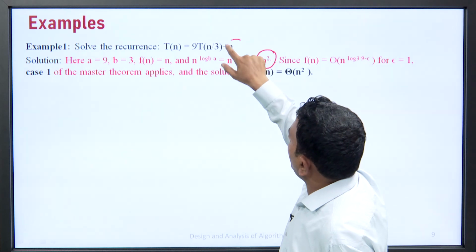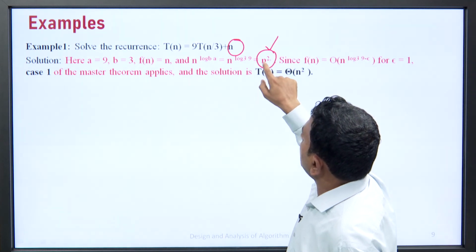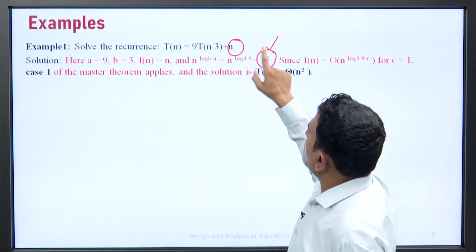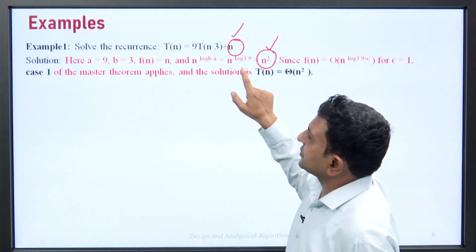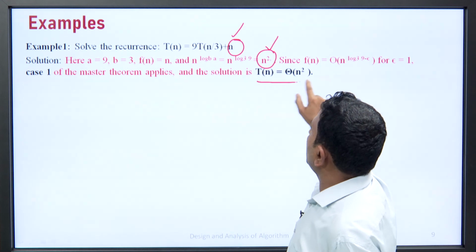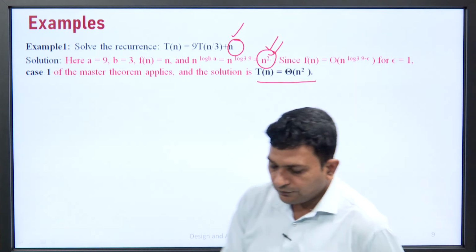Here f of n is n and n to the power log a base b is n square, so definitely this term is asymptotically as well as polynomially larger. This is case 1 of the master method, so the complexity comes in the form of the higher term n square. T of n is equal to theta of n square.